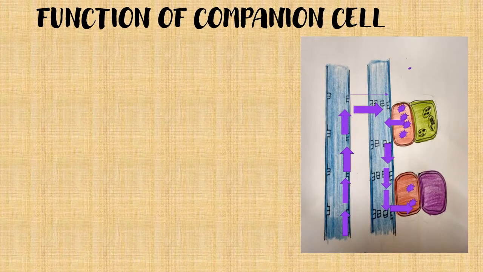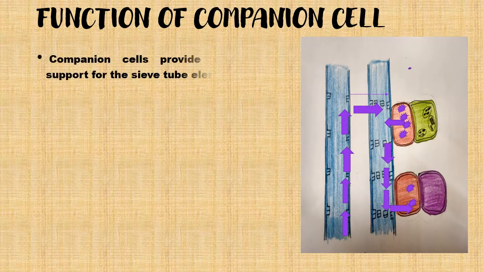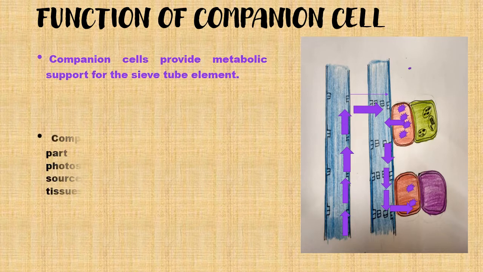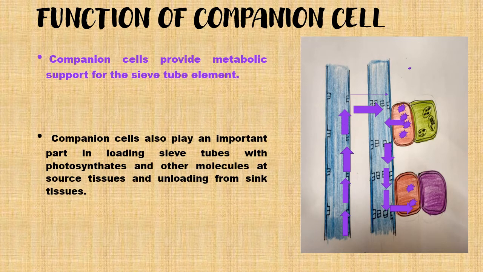Function of companion cell. We saw that in the sieve tube cell there is no nucleus, but in the companion cell there is a nucleus. They give company to each other. The metabolic support to the sieve tube is given by the companion cell. Another function of the companion cell is that it helps during phloem loading and unloading.